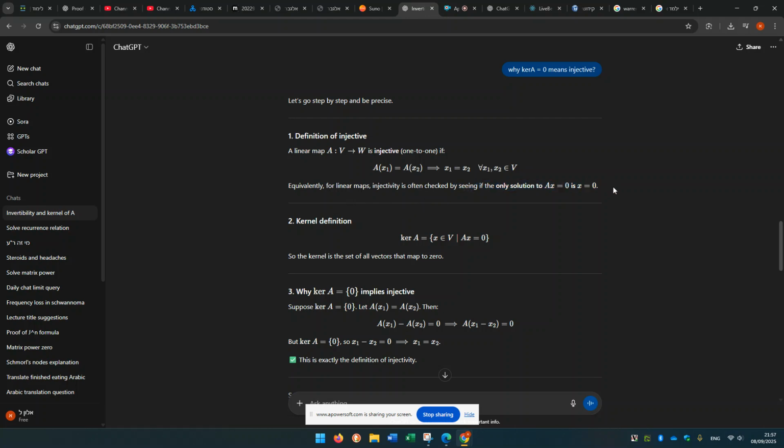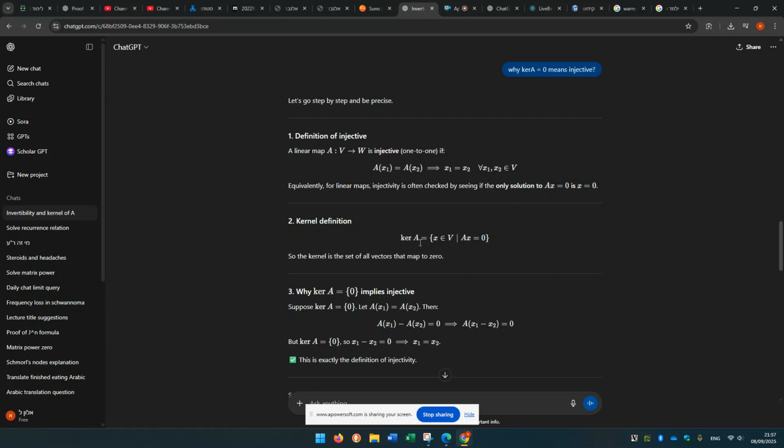So it's the same as saying that the solution for Ax equals 0 is just the 0 vector. We'll just in a minute see why: if the solution to Ax equals 0 is just the 0 vector, then the transformation, the linear map, the matrix, whatever you say, is injective.